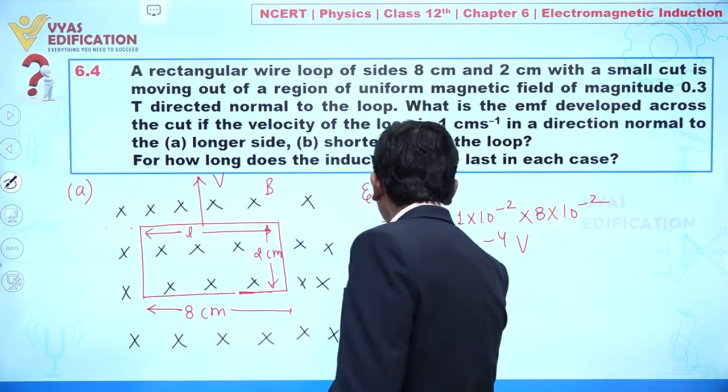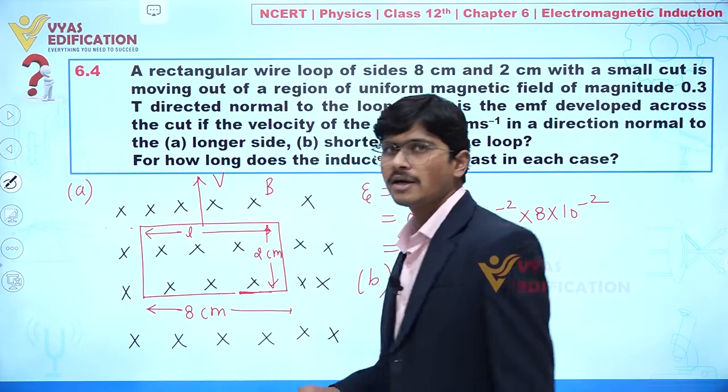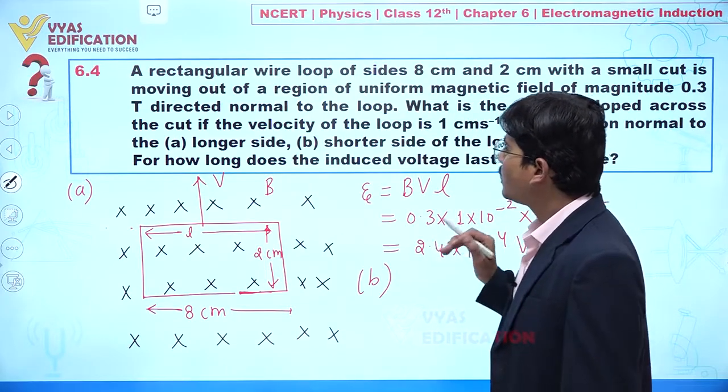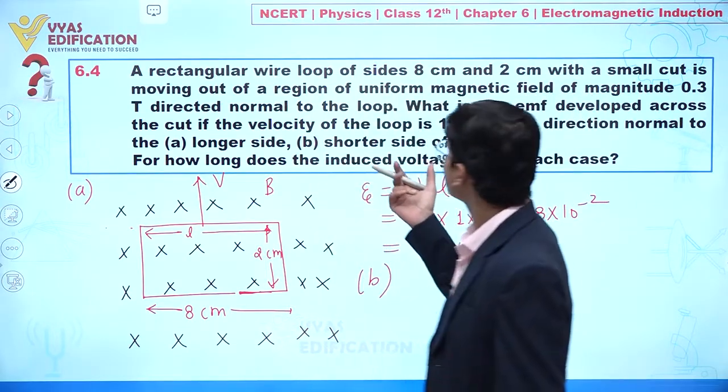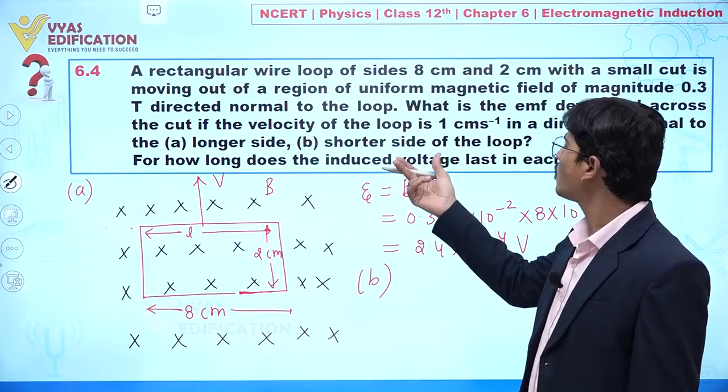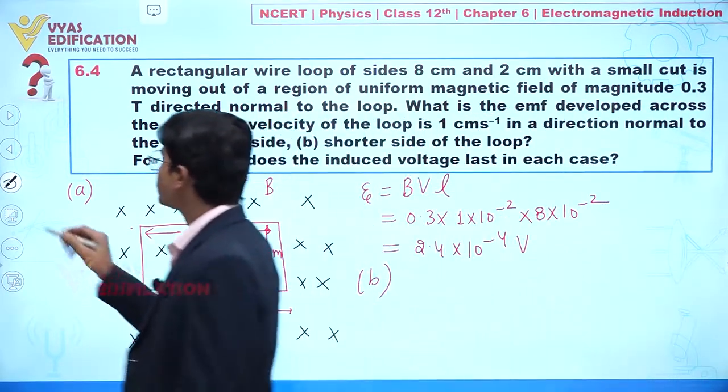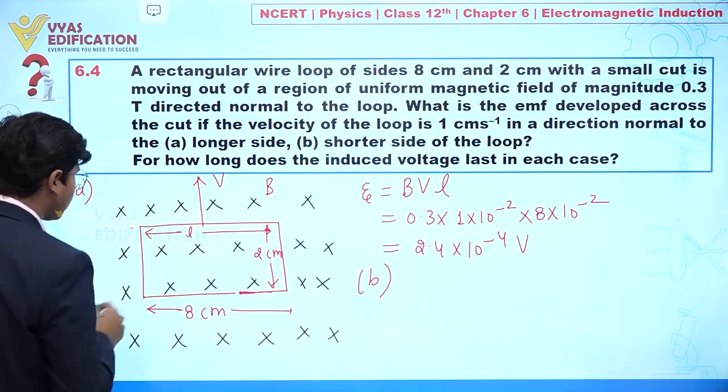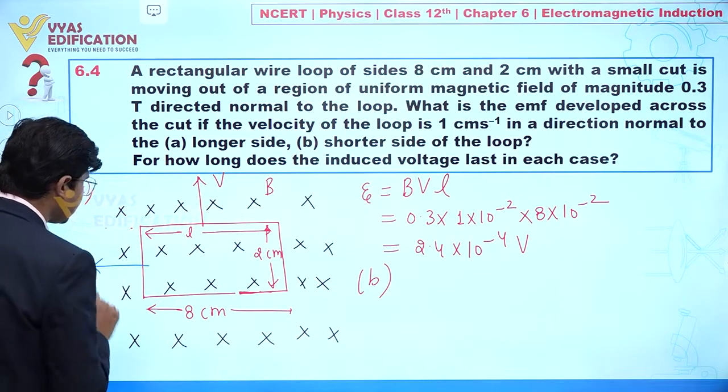Now part B. In part B, the velocity is acting along the shorter side of the loop. Let's suppose in the second case the velocity is in this direction.